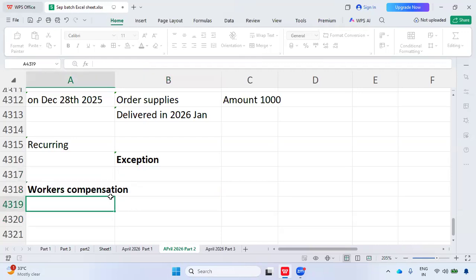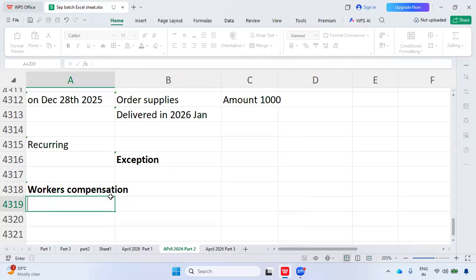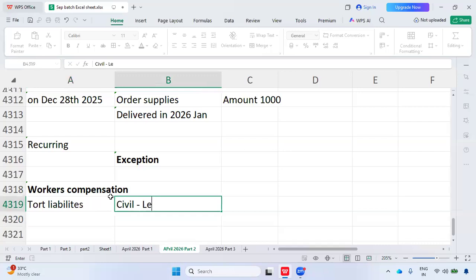Also any tort liabilities. These are civil expenses, such as injuries, lawsuits, or any legal liabilities.